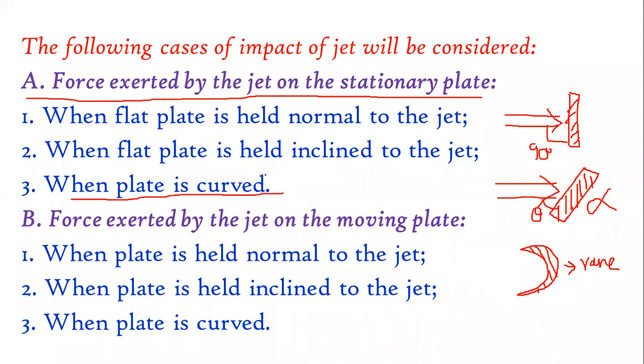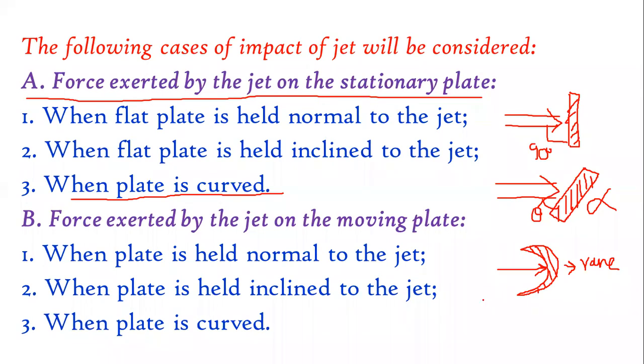Now, in this third type, there are again three subtypes. When the plate is curved and the jet is striking on it, there are three types. First, when the jet is striking at the center.